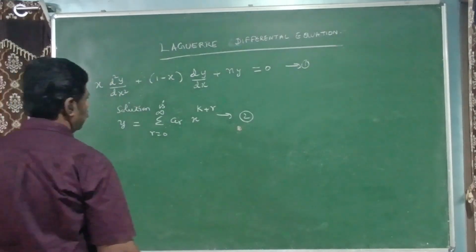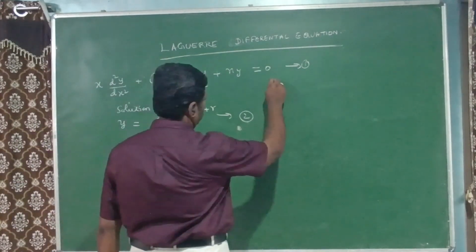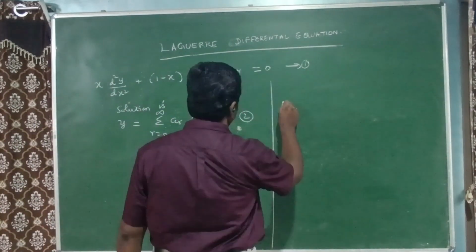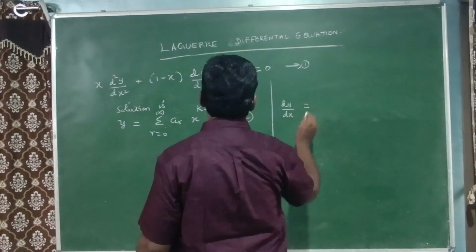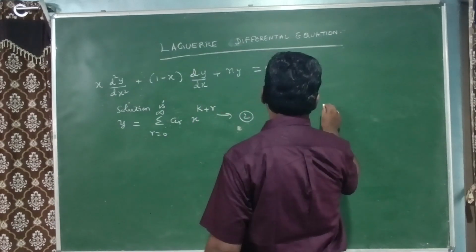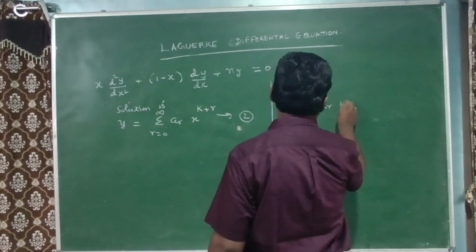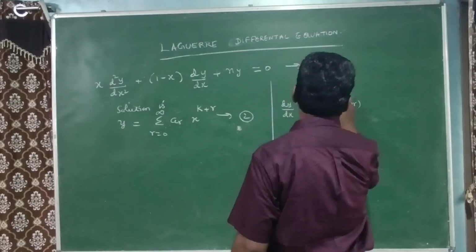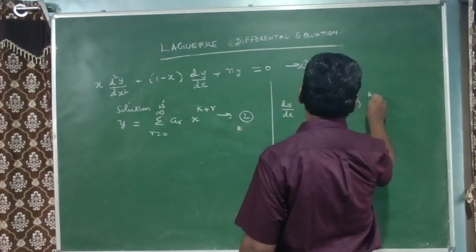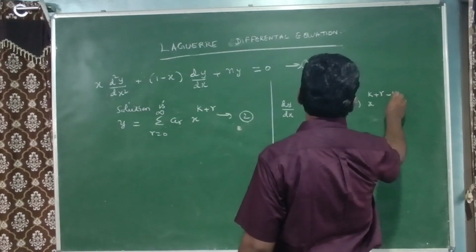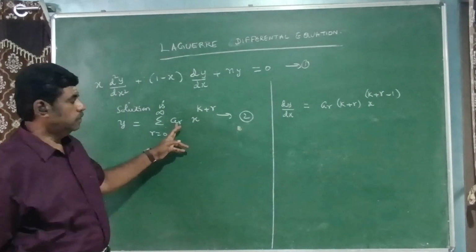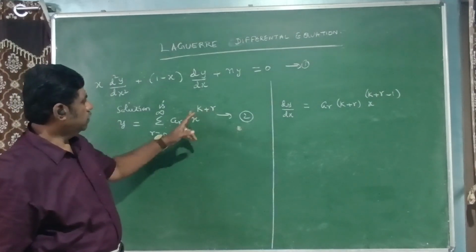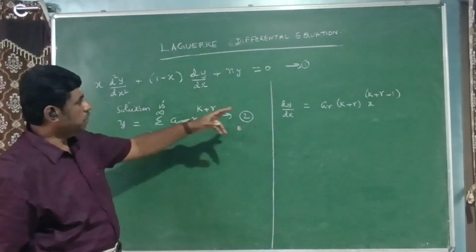Now find out the value of dy/dx. dy/dx = a_r (k+r) x^(k+r−1). a_r is kept as such, this (k+r) comes forward, then x^(k+r−1).